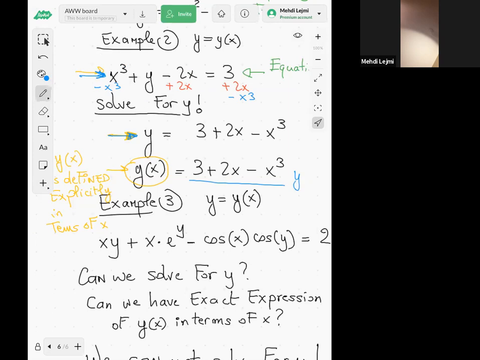Y prime of x would be: the derivative of 3 is 0, the derivative of 2x is 2, minus the derivative of x cubed, which is 3x squared. Anyway, my point is, because you have the exact expression of y, you can easily compute the derivative of y.